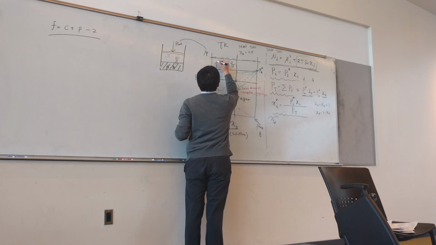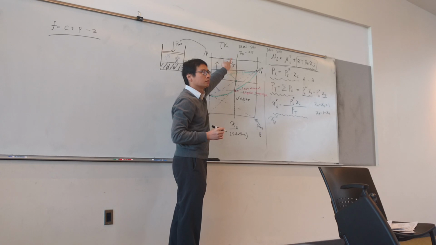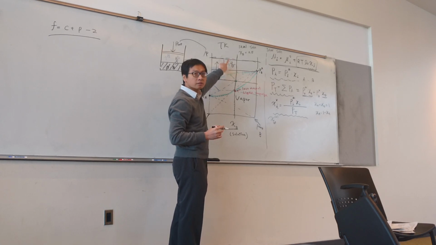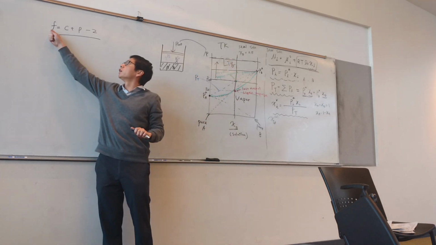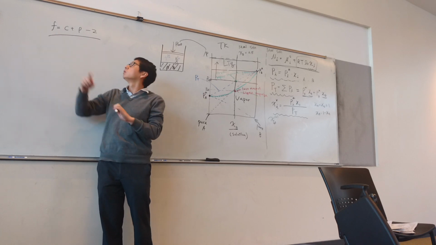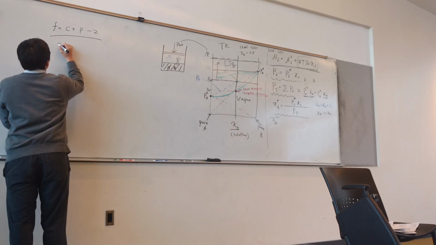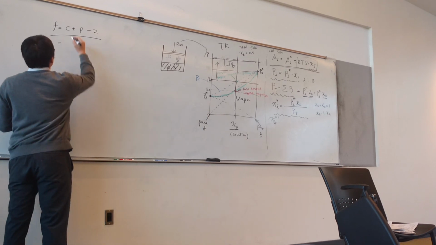If I say any pressure above these points, your system is going to exist in a single phase. Therefore, the degrees of freedom you need to describe the system: of course this is a two-component system, so C equals 2.